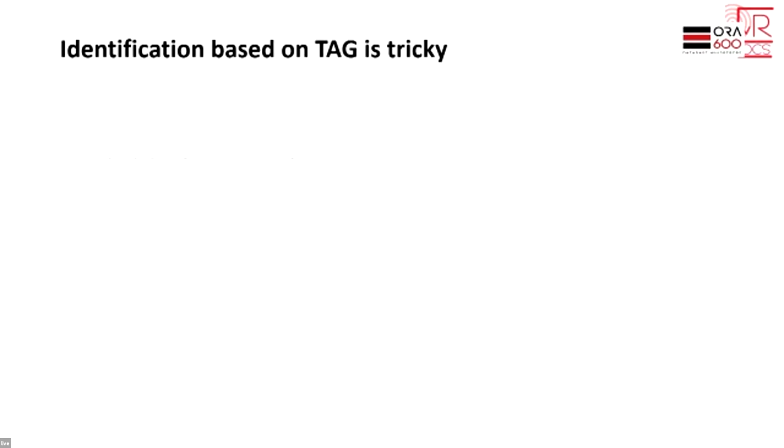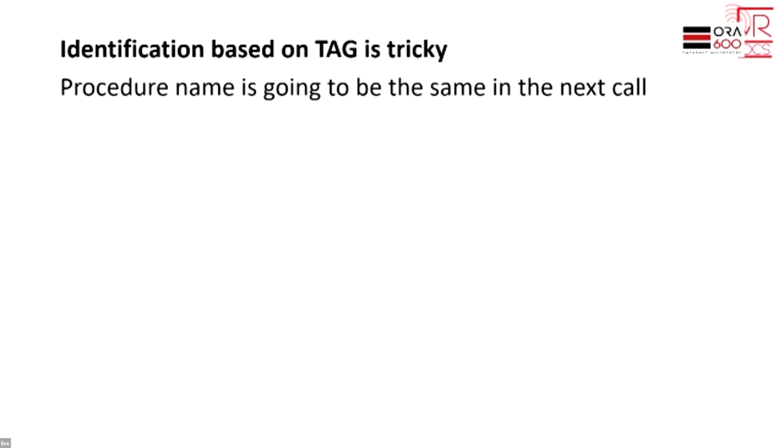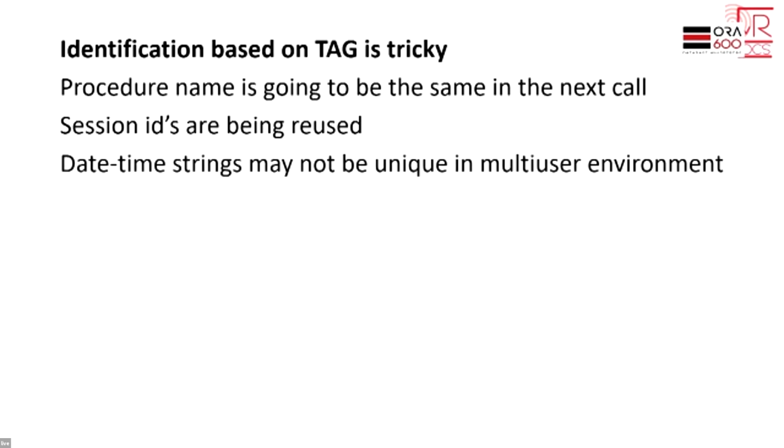Identification based on tag. If you use a procedure name, well, obviously that's not enough. Anyone can use this procedure name. Anyone can use this procedure, so anyone will have the same tag as you. Session ID, well, it's being reused, so you can't use that either. Datetime, no, two people could run the same code on the same second, so it's not enough either.